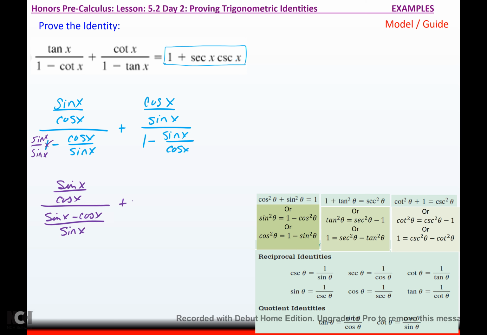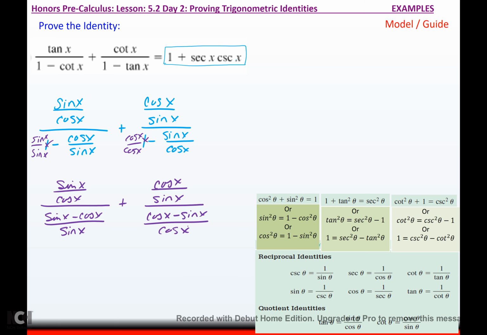And over here, if I get a common denominator, that would be cosine x over cosine x, which is still 1. That gives me cosine x over sine x all over cosine x minus sine x all over cosine x.